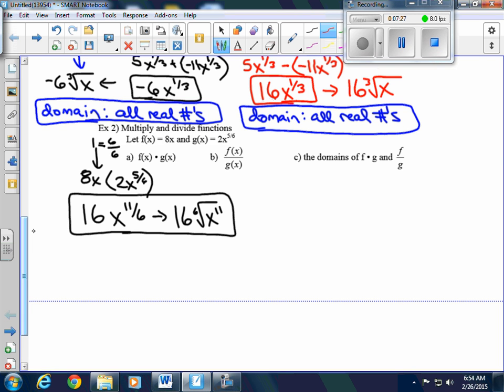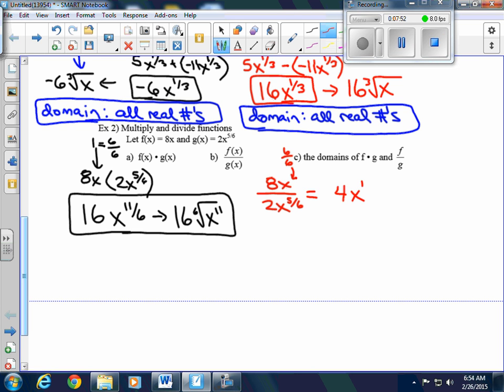So we're going to do the same thing with f of x and g of x, dividing them in part B. So we're going to have 8x in the numerator and 2x to the 5/6 in the denominator. Again, 8 divided by 2 now is 4. And again, this is going to be 6/6, because that's a 1. So 6/6 minus 5/6 is 1/6.